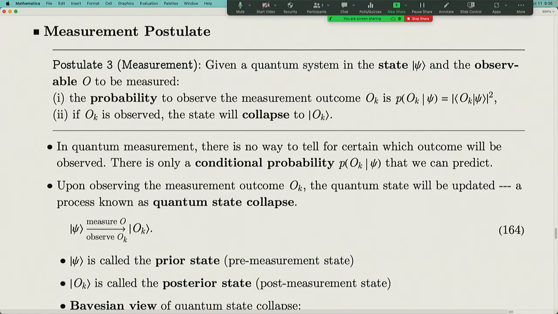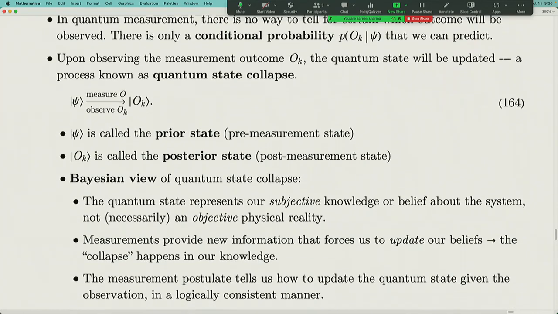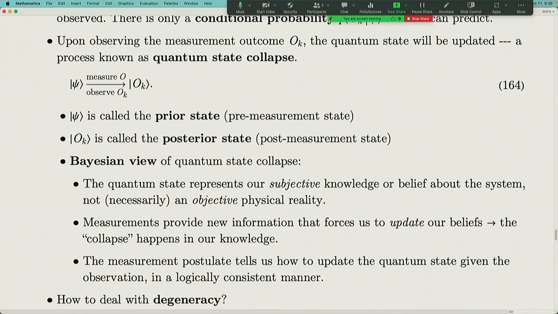And once you confirm that you already observed O_k, that's the result, then at that point, you should think that the state has been collapsed to the eigenstate, which is also labeled by O_k, the corresponding eigenstate with this eigenvalue. So the original state is called the prior state, or the pre-measurement state. The state after measurement, which it collapsed to, which is always an eigenstate of your observable, is called the posterior state, or the post-measurement state.